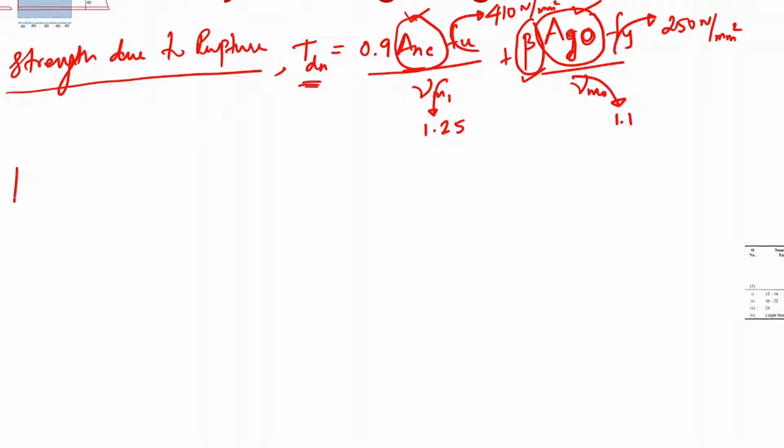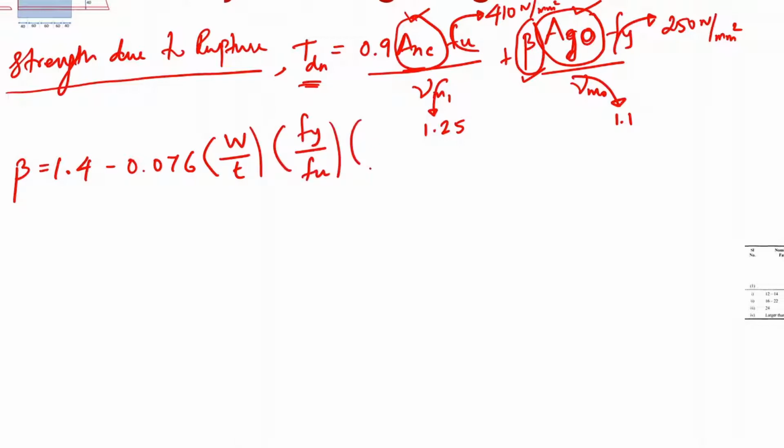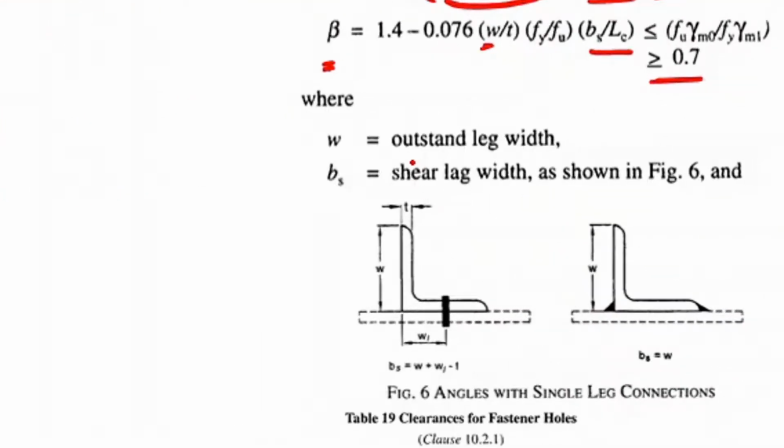First let's calculate beta. Beta is equal to 1.4 minus 0.076 multiplied with w by t, multiplied with Fy by Fu, again multiplied with bs by Lc. Here w is the outstanding leg width.